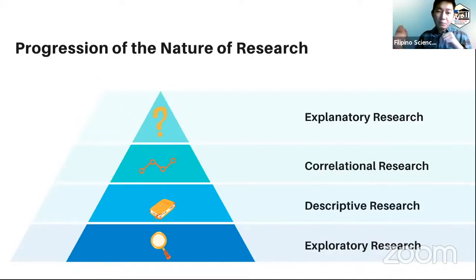And the next step would be the correlational research, where you now try to deduce a certain correlation or relationship between your variables. And the peak here would be the explanatory research, where you now try to experiment on the cause and effect relationship of your variables. So ito yung experimental research that we are all very familiar of.